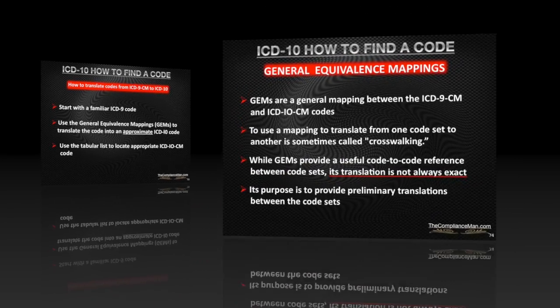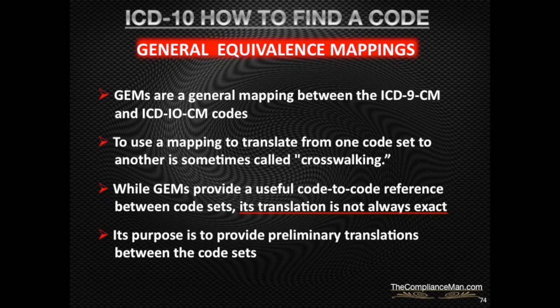As I said, GEMS are a general mapping between the ICD-9 and ICD-10 codes. To map from ICD-9 to ICD-10 is to translate from one code set, the ICD-9 code set, to the ICD-10 code set, and this is sometimes called crosswalking.